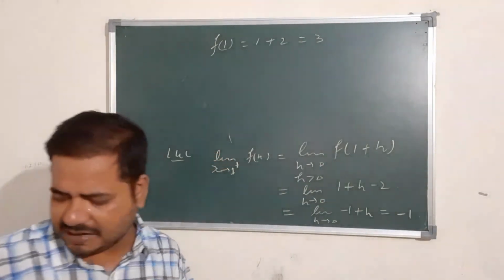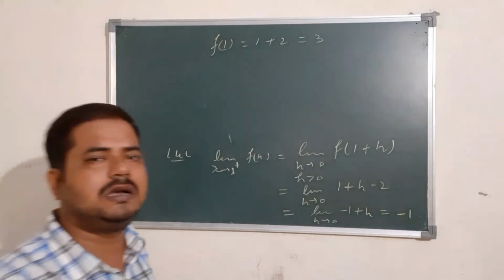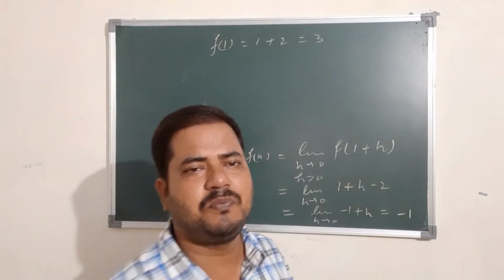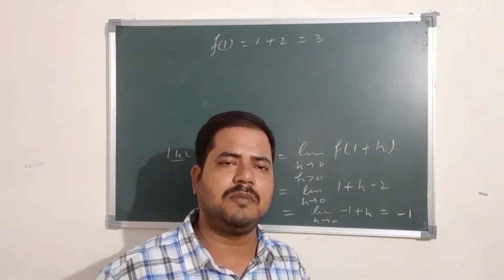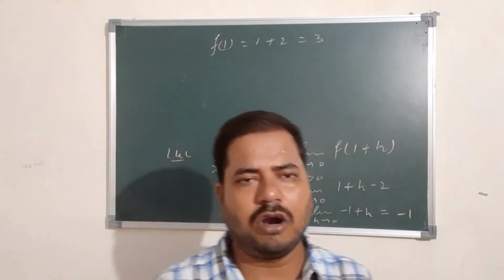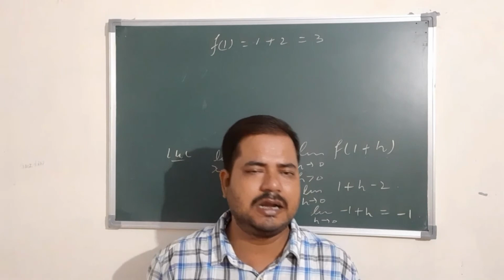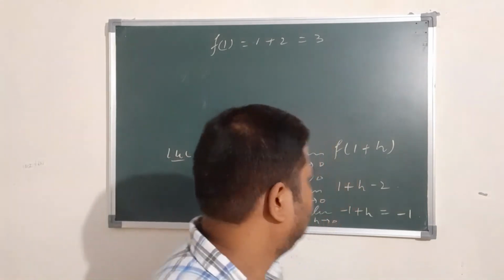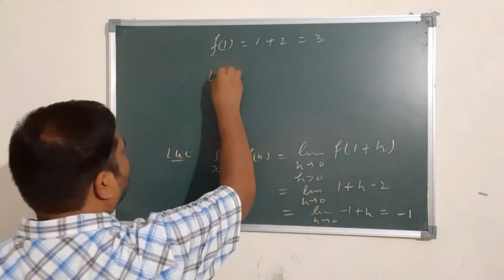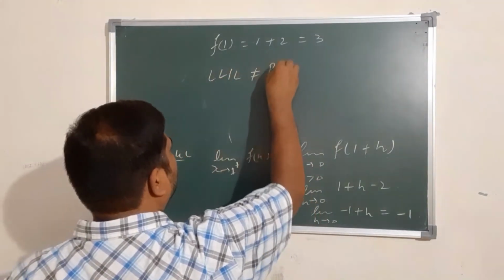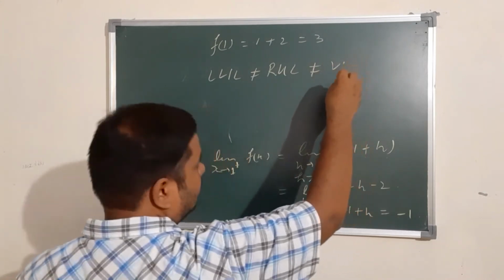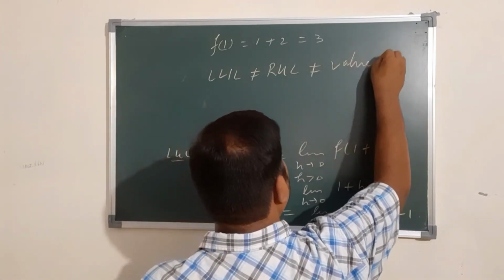So you see here LHL does not equal RHL, that means the limit of the function does not exist. So what can we say about the continuity? If the limit of the function does not exist, then it is obviously discontinuous, and x = 1 is the point of discontinuity. That means where the function is not continuous, where the function is discontinuous, this point is known as the point of discontinuity. So here LHL does not equal RHL, which does not equal the value of the function.